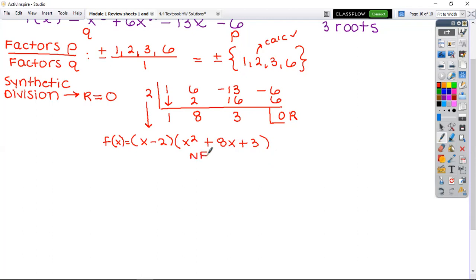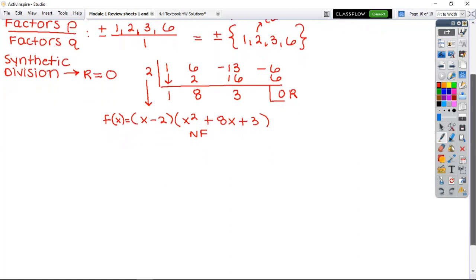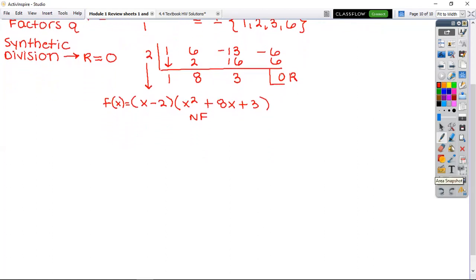So to get the other 2 remaining roots, you're going to have to do what? Quadratic formula. Very good. We have one of our 3 roots. We need to find the others, which means that these are probably going to be irrational or imaginary. So this only helps you find the rational. And then you're going to have to apply a different strategy to find your others.